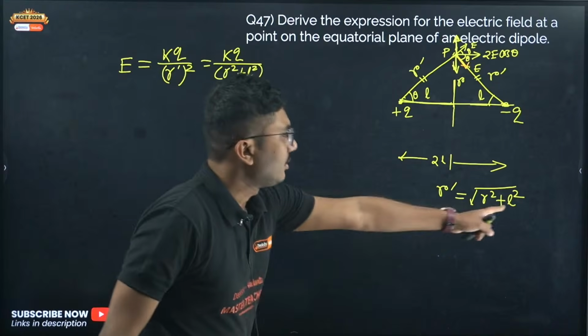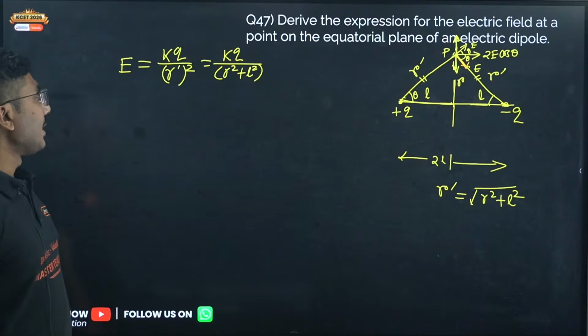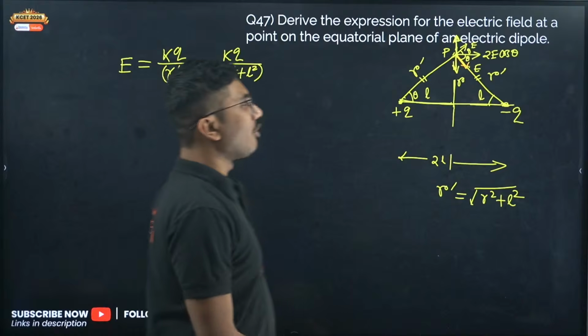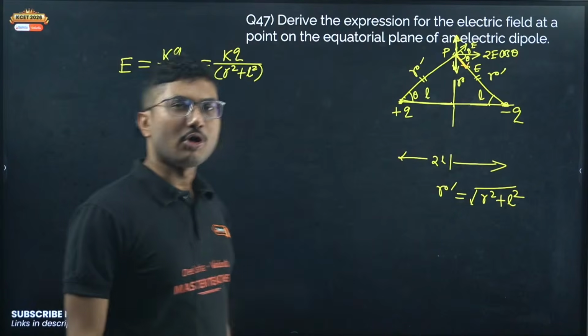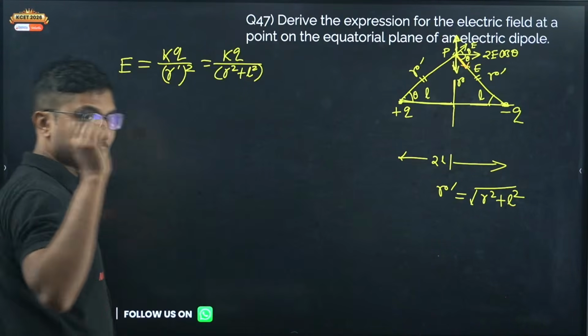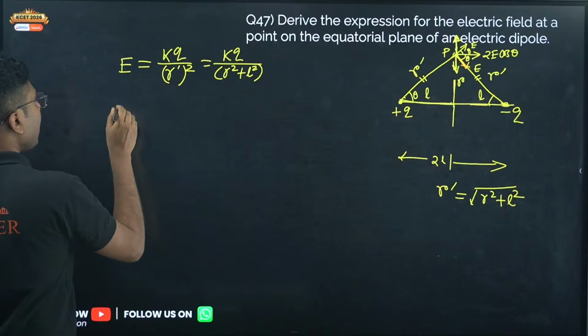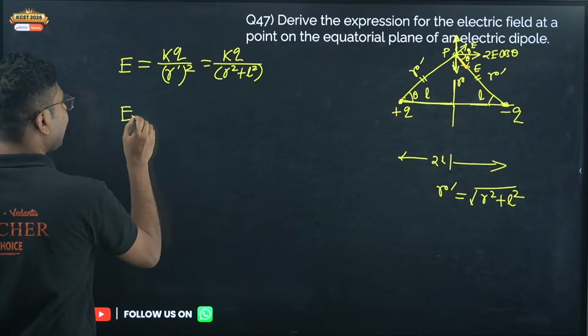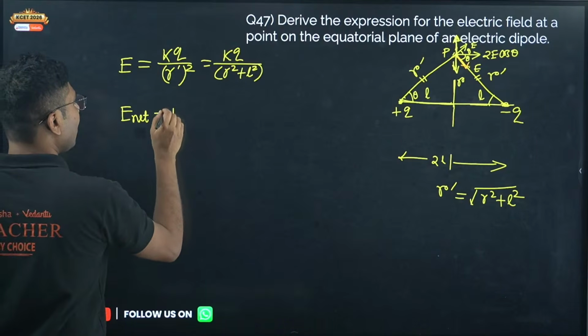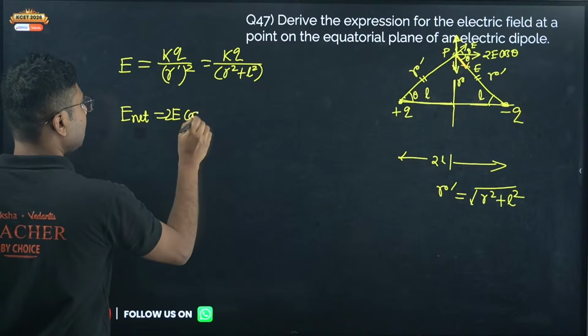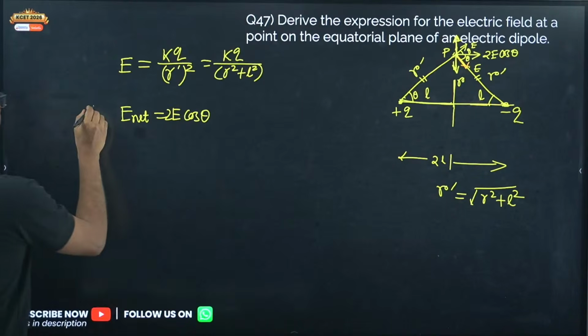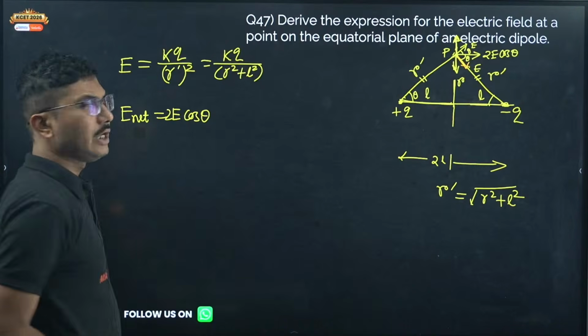The net electric field exists only along the x-axis because the y components cancel each other. That also you have to write. So what is the net electric field? The net electric field will turn out to be 2E cos theta. Therefore the net electric field is 2E cos theta.